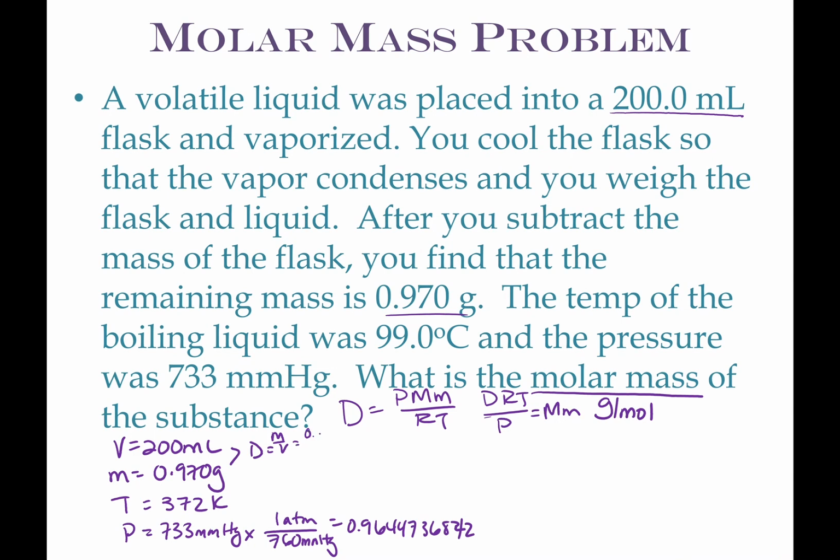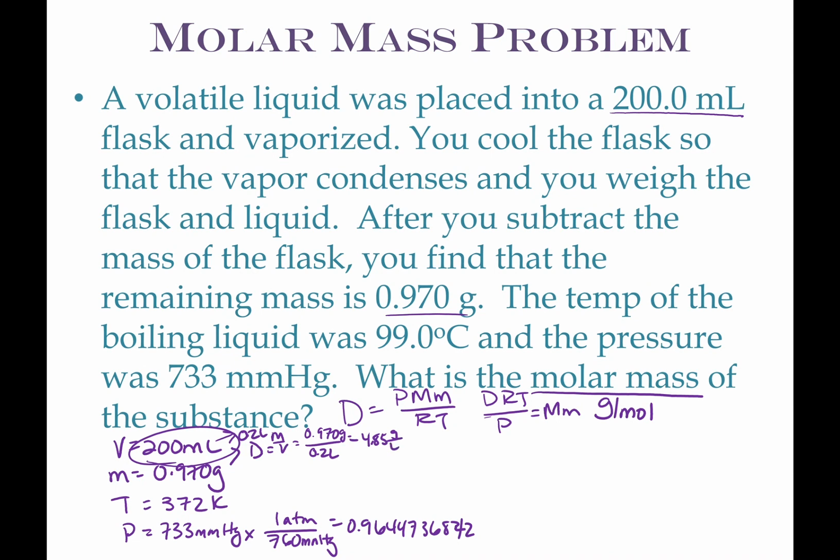So 0.970 grams divided by 200 milliliters. If I want to put this in there, I'm going to need this in grams per liter. So I need to convert that to liters by dividing by 1,000, and I get 0.2 liters. 0.970 divided by 0.2 is 4.85 grams per liter.